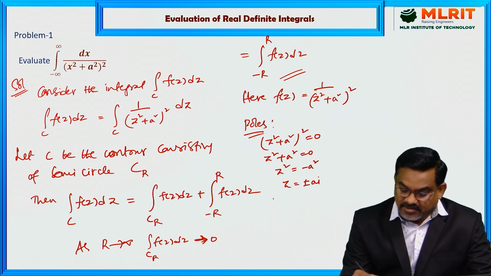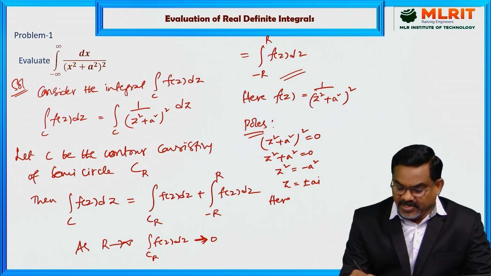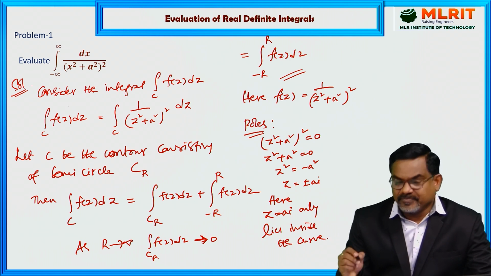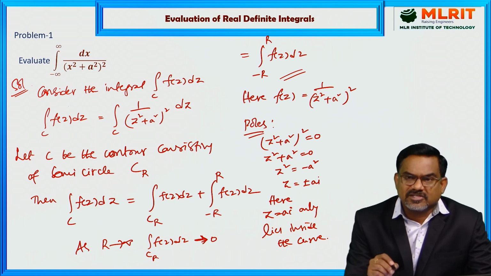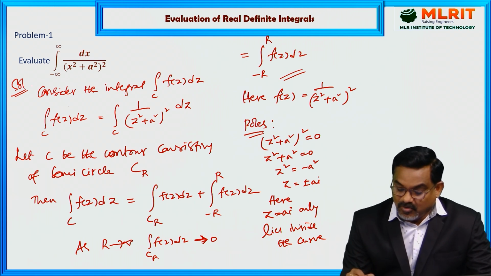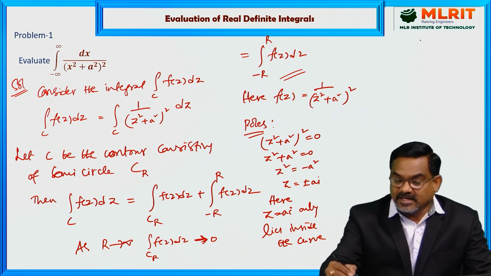And here it is very clear that z equal to ai only lies inside the curve, since we have considered the upper part of the semicircle. So that's why only plus ai lies inside the curve.